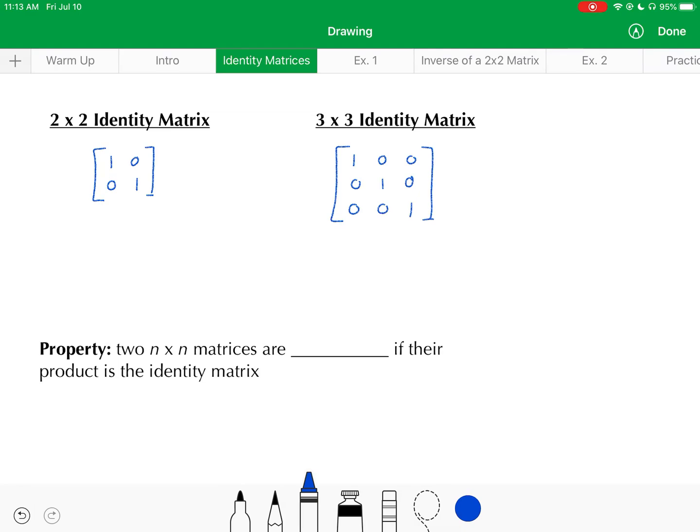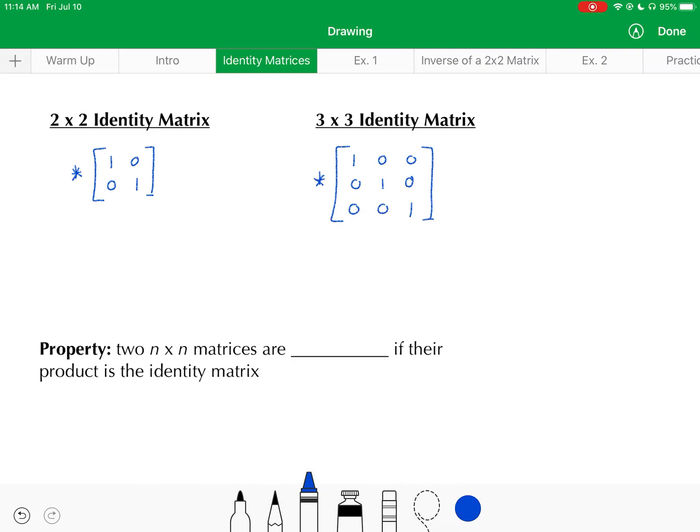What we're saying here is that if I took any 2 by 2 matrix and multiplied it by this guy, it's not going to change the elements in that first matrix. And any 3 by 3 matrix multiplied by this guy is not going to change the elements.